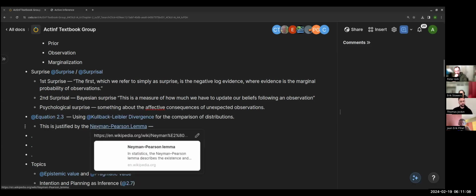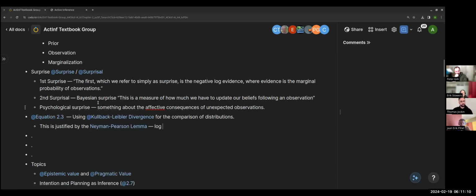So basically, that's what Kullback-Leibler divergence is. It's the comparison between the logarithms of the likelihood ratio, the ratio between two likelihoods.